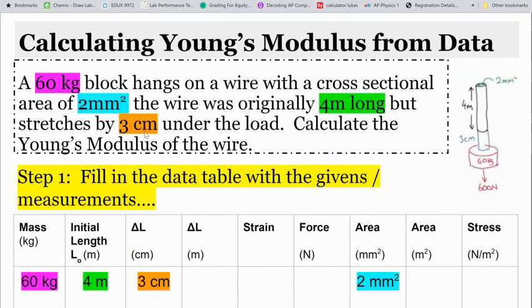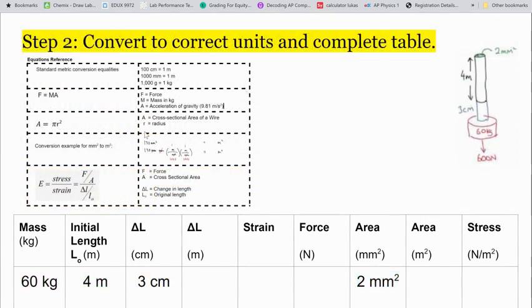So again, we're going to look at what those measurements give us and fill that in on the table below. And then our next step is going to be to convert to the correct units so we can do the stress and strain calculation and then put those together to get Young's modulus.